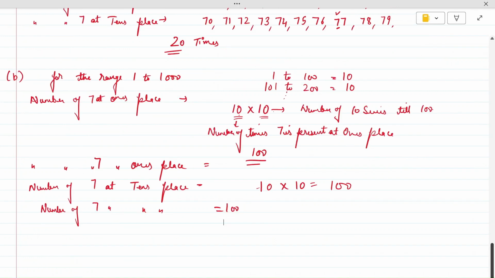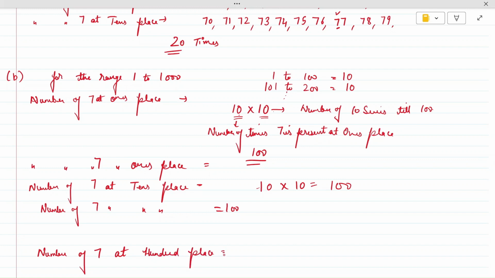Now what we have to find at the 100 place? Let us write here number of 7 at 100 place.